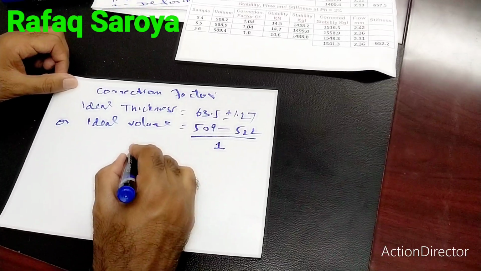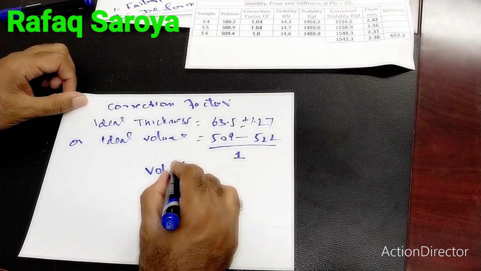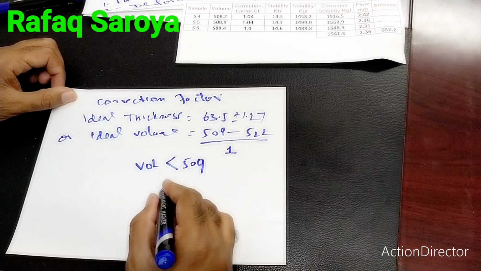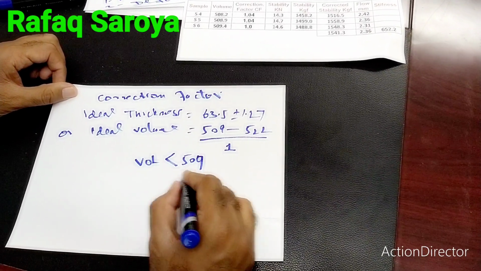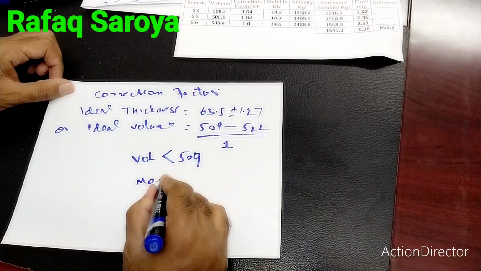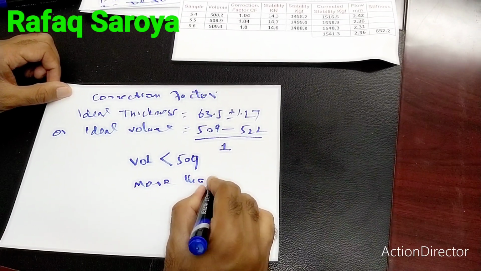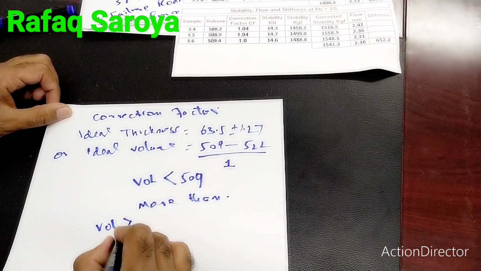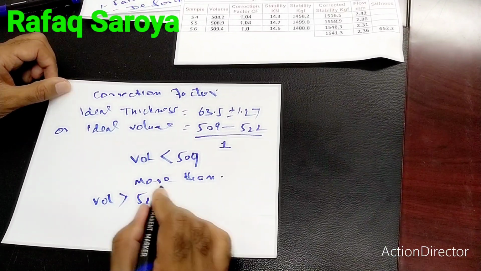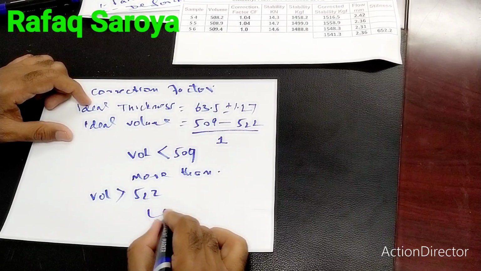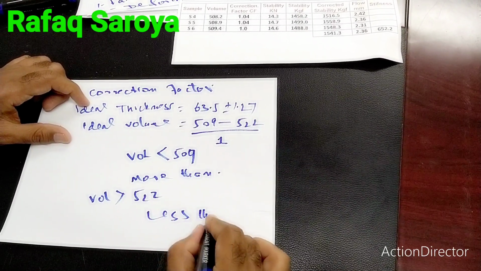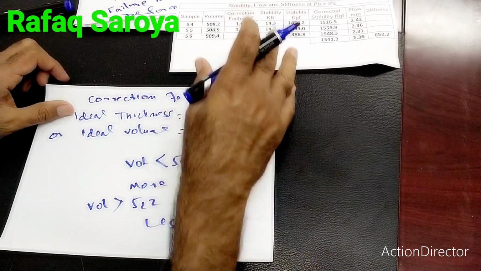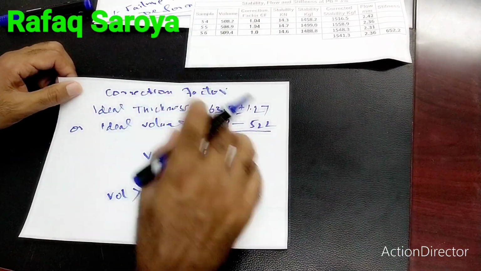When the volume is less than 509, the correction factor would be taken as more than 1. If the volume is greater than 522, then the correction factor will be taken as less than 1. So these are the two points which I have to use, and that is why the correction factor is written over here.